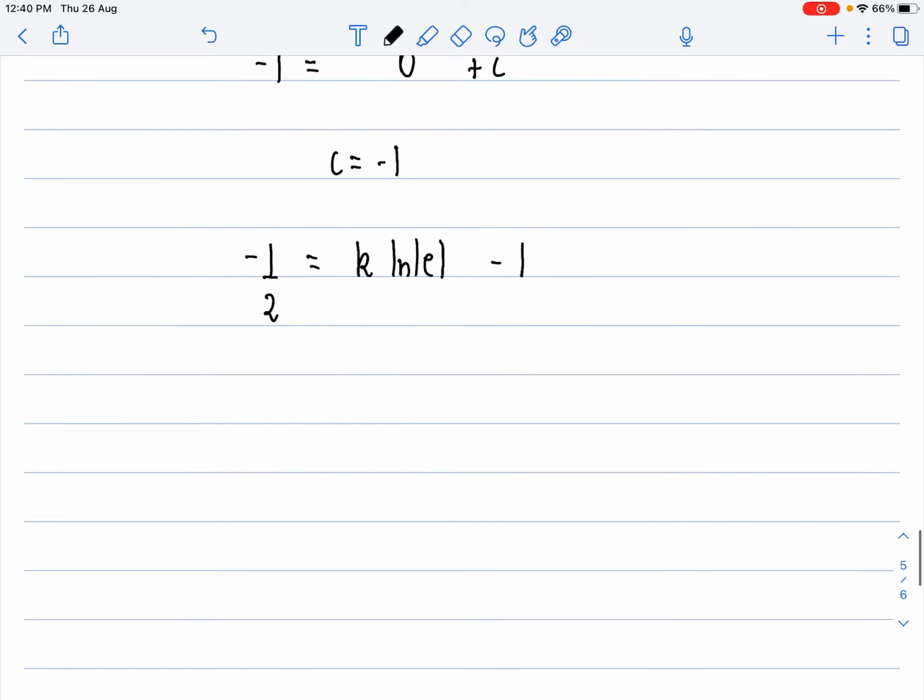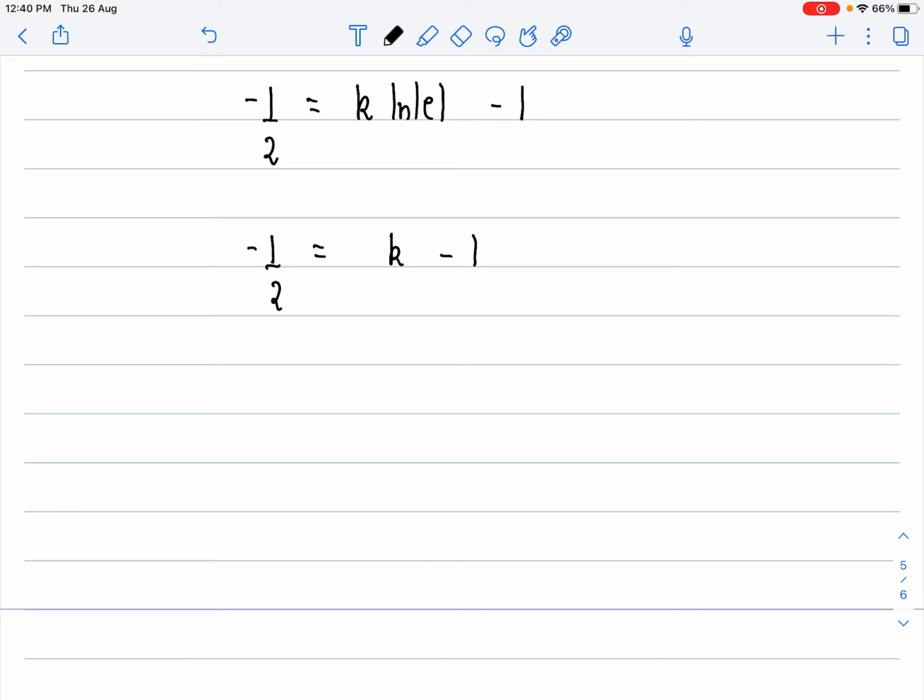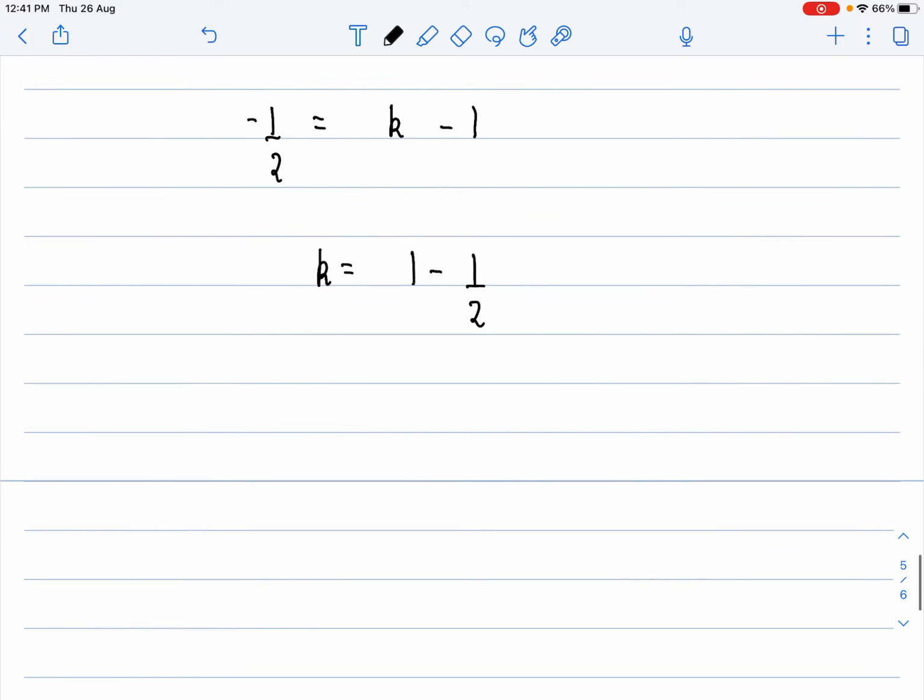So the only variable now I have is k. So I can write this as minus 1 over 2 equals k minus 1, because I know ln e is 1. So I can simply write my k equals 1 minus half, which gives me my k basically as half.